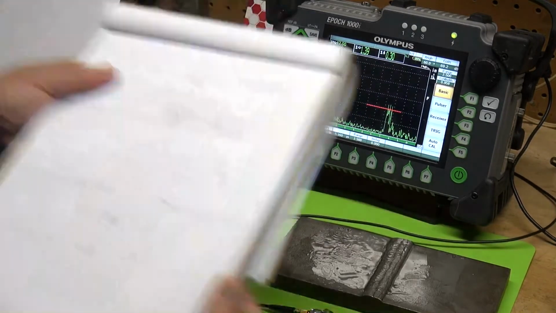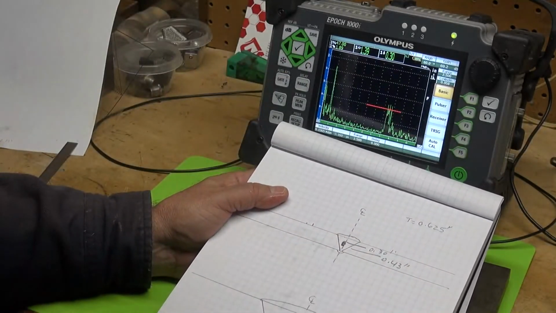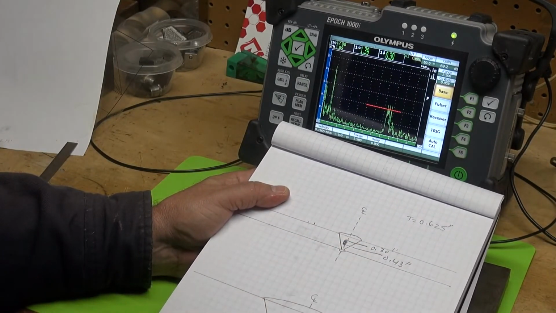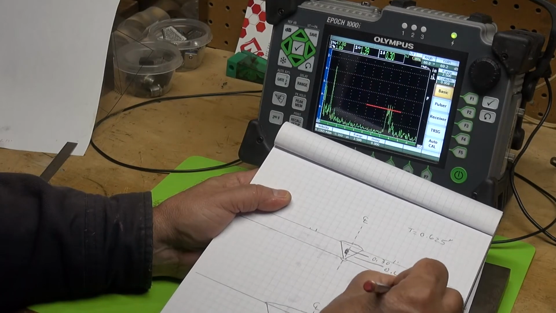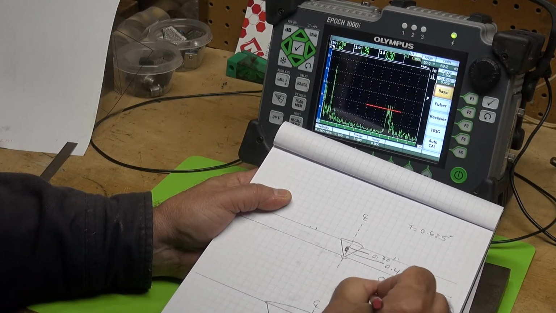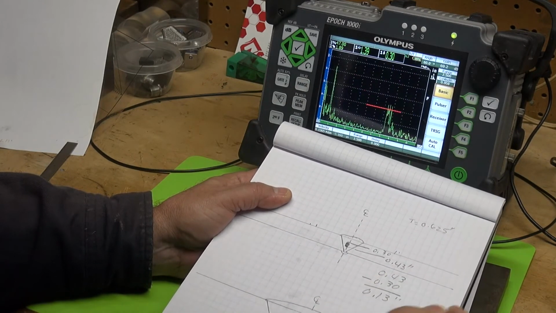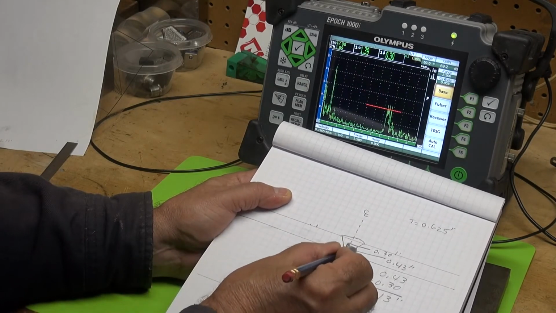So looking at this, porosity in this area, as I was pushing my probe forward, catching the bottom tip about 0.43 inches, pulling back on the second leg, I'm catching the top about 0.3. So if I take 0.43, subtract 0.30, I come out to be 0.13, 130 thousandths, or 0.13 inches through wall.